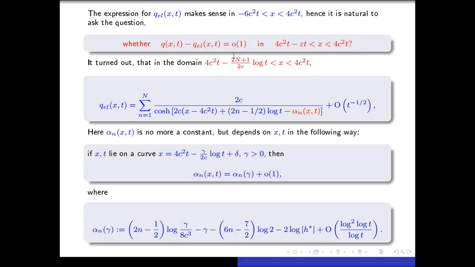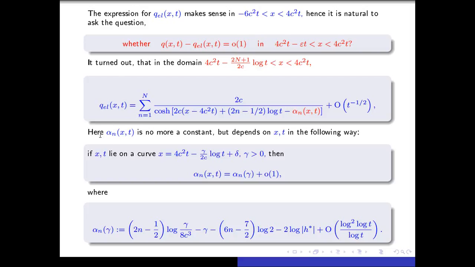And hence, most probably it would also mean that this asymptotic is valid in the remaining part of this small region from -εt to -n log t. But it turned out the situation is more interesting. Those phases do not coincide.